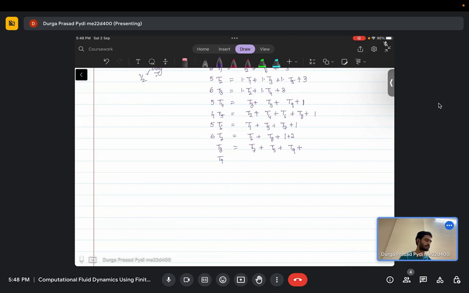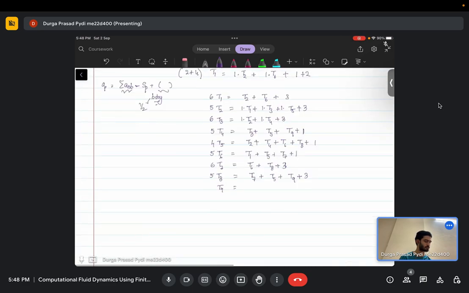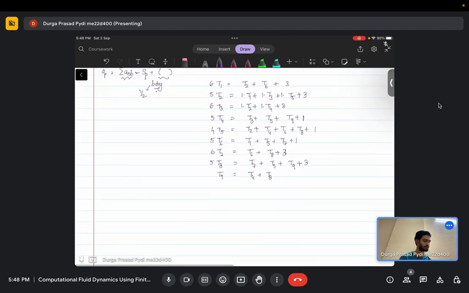The one on the top has a Dirichlet value of 1, so that will contribute to your source term. Here you have 3 plus 2, 5, and T9 is again straightforward, so you just have 2 cells. And you have 2 boundary conditions, so you have 2 plus 4, that is 6, and then 1 plus 2, that is 3. So now you have all the equations.